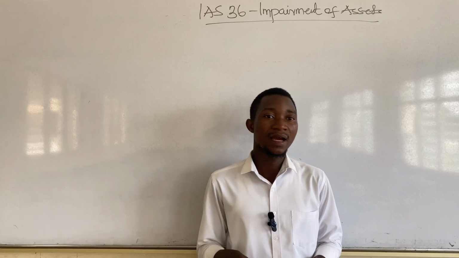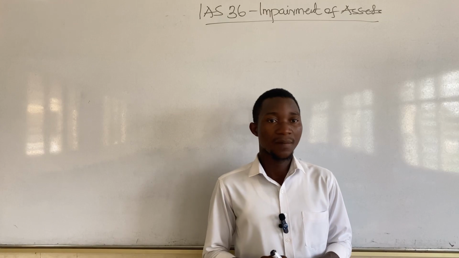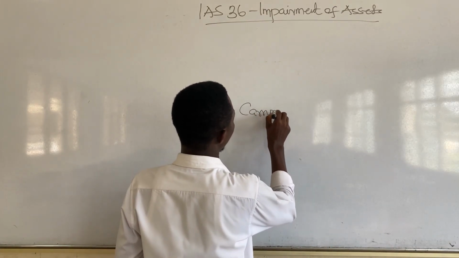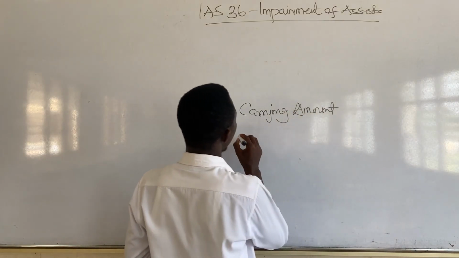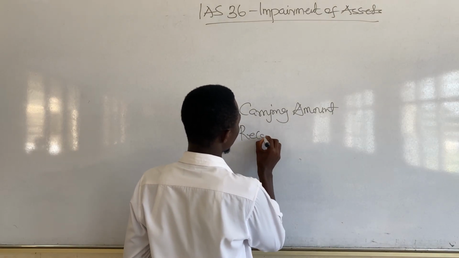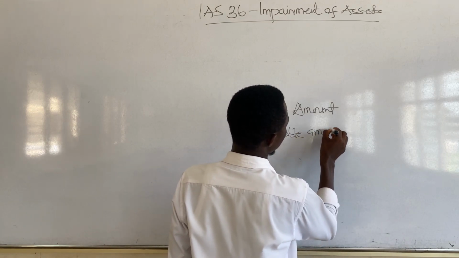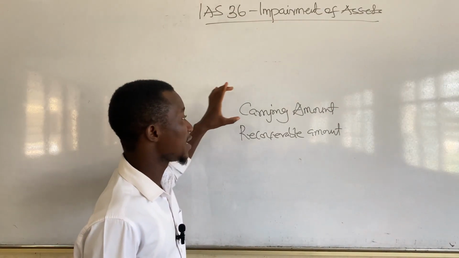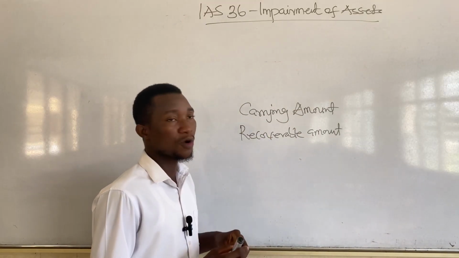So the key words here are the carrying amount, or carrying value, and the recoverable amount. So the meaning of this objective is that an entity shouldn't recognize its asset carrying amount above its recoverable amount.